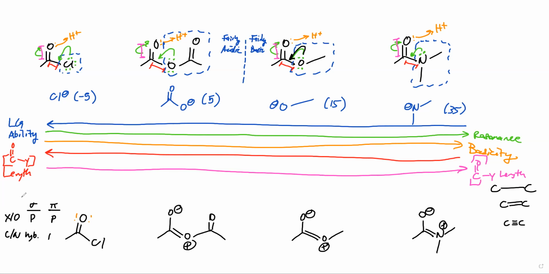If you're ever asked to label the orbital makeup of a bond, just keep these things in mind. Let's say we're thinking about the sigma orbital makeup here. That's going to be a C sp2 because it's double bonded, and then it's going to be an O p because oxygen always uses a p orbital when it makes bonds.